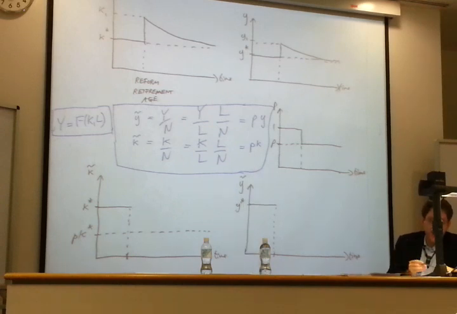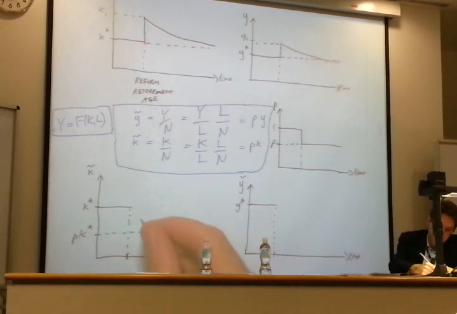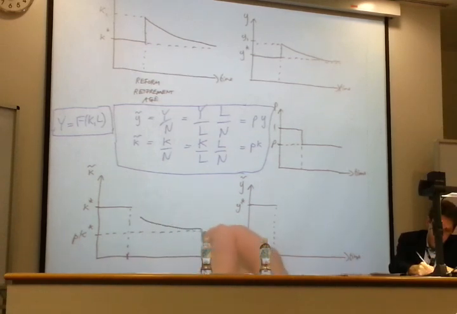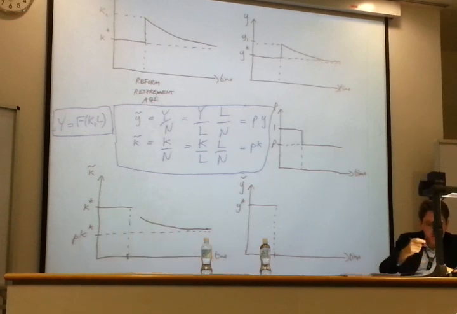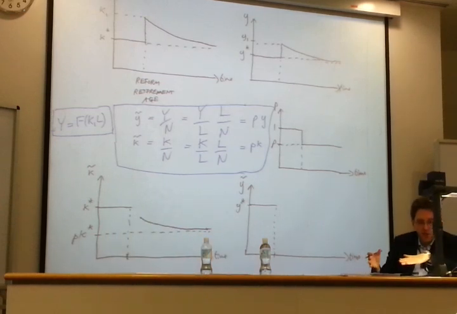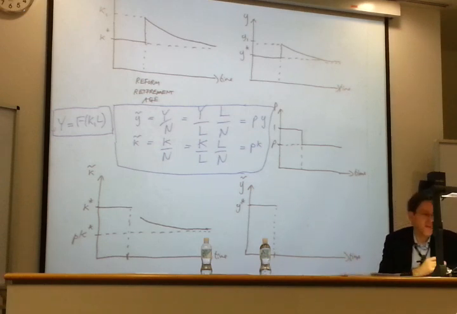So we conclude from that K tilde must be falling. So we must be approaching the long run by running down the capital stock per person, by reducing it, letting it depreciate.